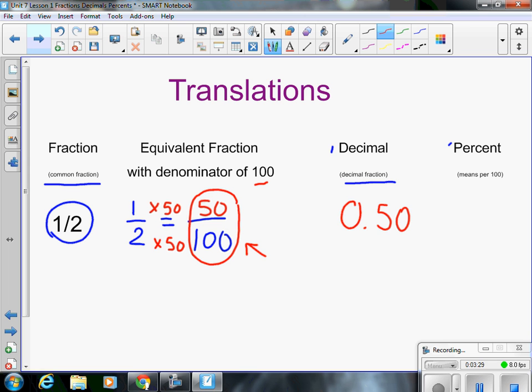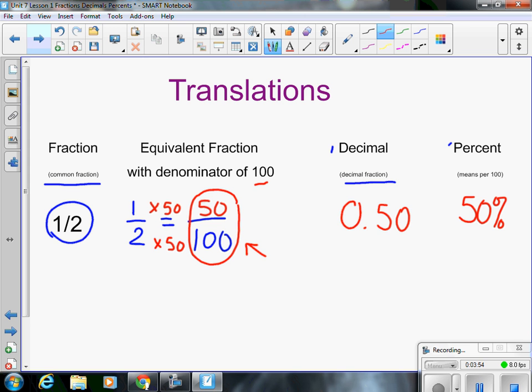So if you think about money, there's 100 cents in a dollar. Therefore, the decimal 50 hundredths is the same as 50%. So like a 50-cent piece has a value of 50% of a dollar. So we write that like this.